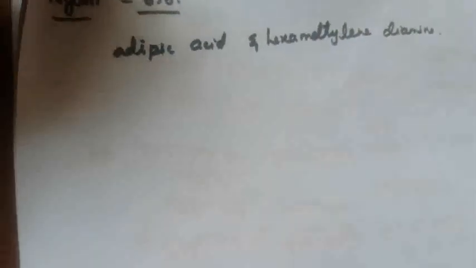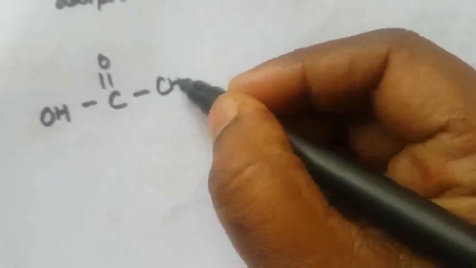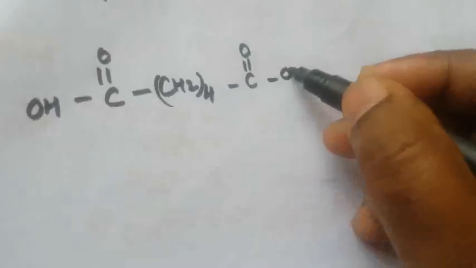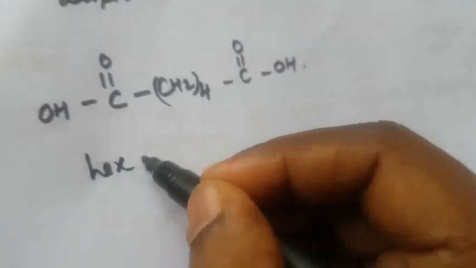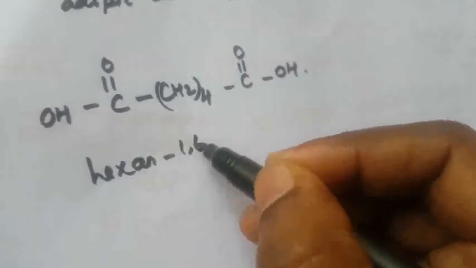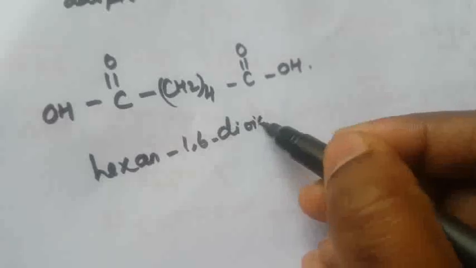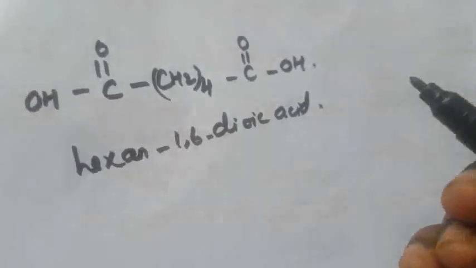After that, the water molecule is eliminated. So first, what is adipic acid? That is HOOC-(CH2)4-COOH. How to write the name? Hexane-1,6-dioic acid, dioic acid.